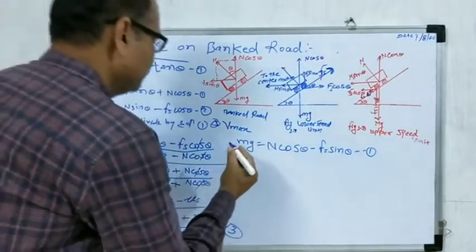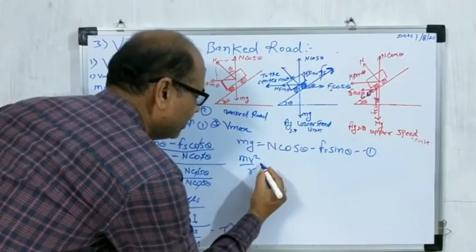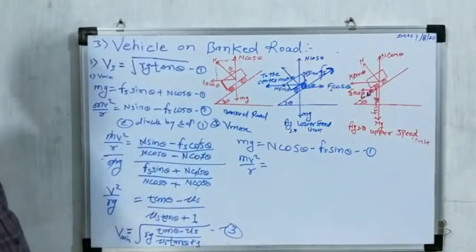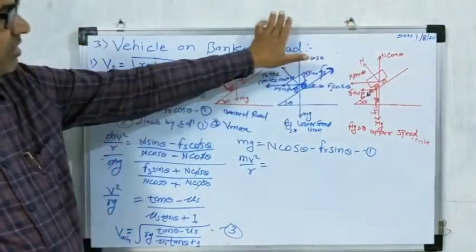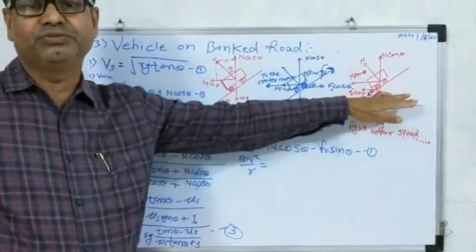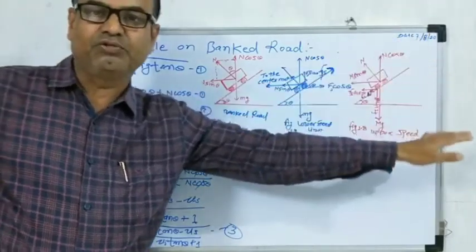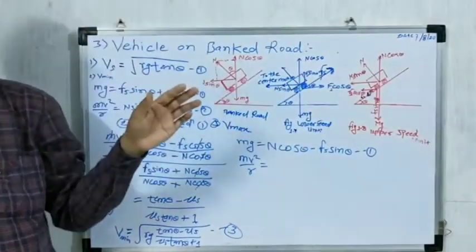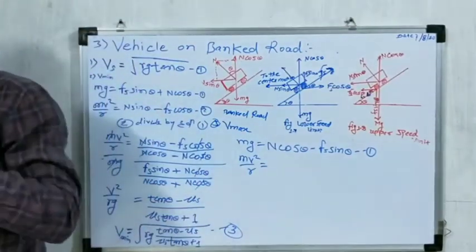And the second equation, mv square divided by r is equal to the centripetal force. A car moving along a curved road needs the centripetal force, which must be provided on the car moving along a curved road surface.